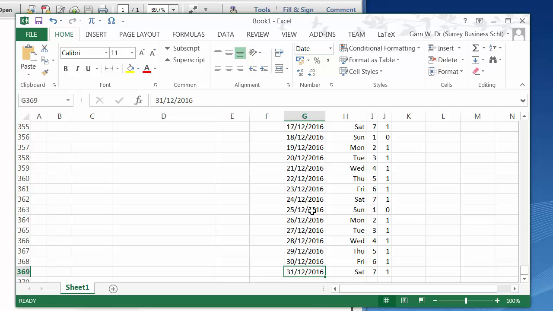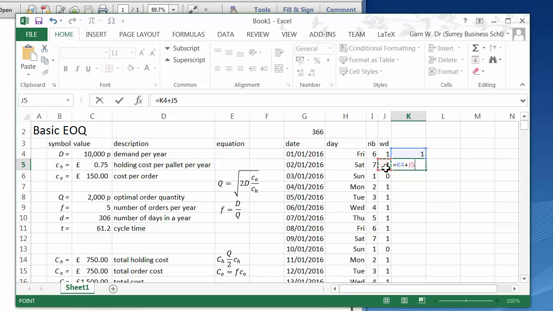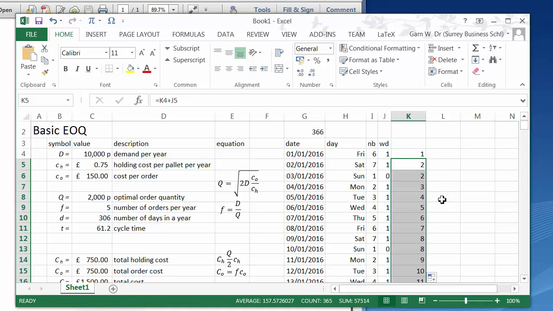Which is interesting. And how many weekdays do we have? Well, we need to add that all up. I'm just going to add it up in this way. There are other ways as well to do that. So plus the previous one, and so on.